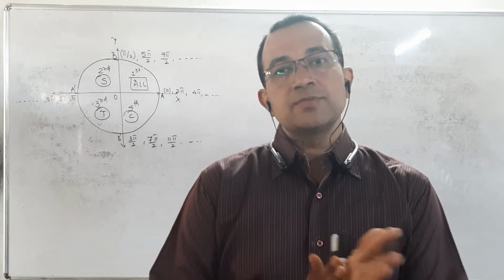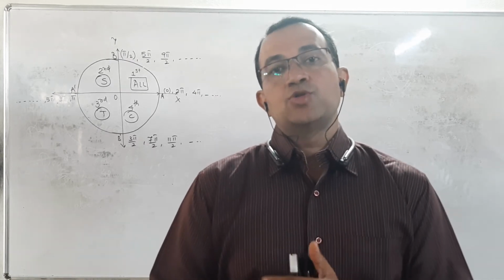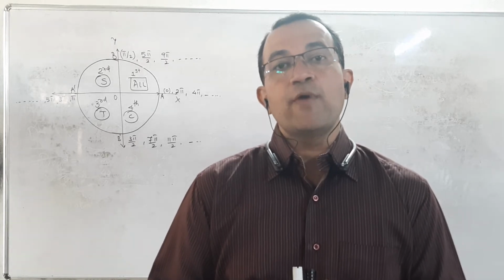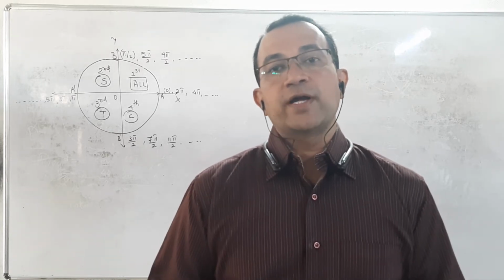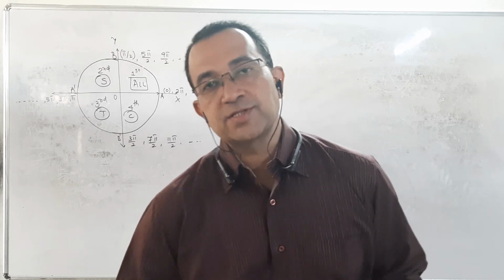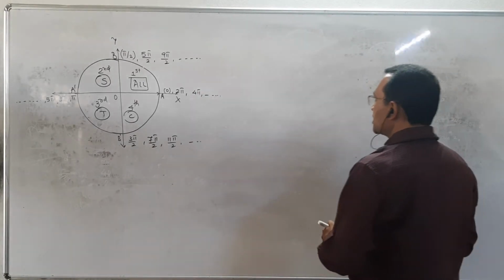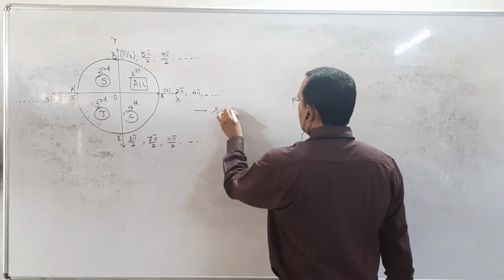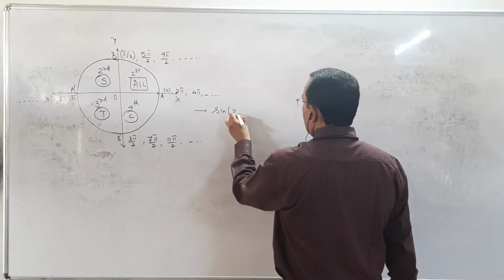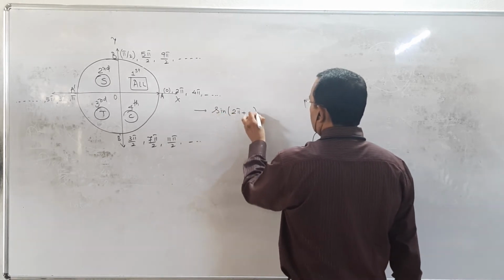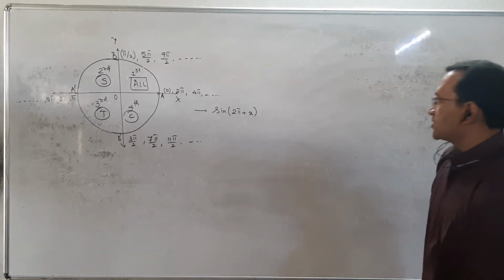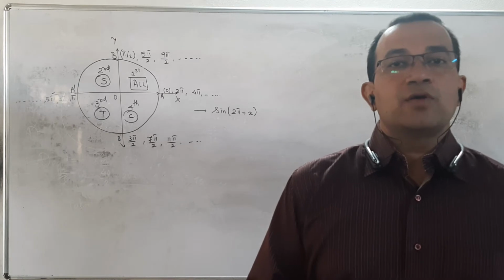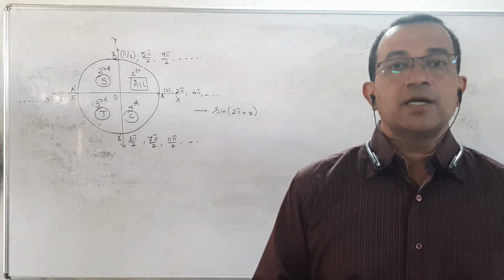Now students, based on this, today I am going to teach you how to find some values, some application of this. Suppose you want to know the value of sine of 2 pi plus x, where x is acute. Students, all of you pay attention.